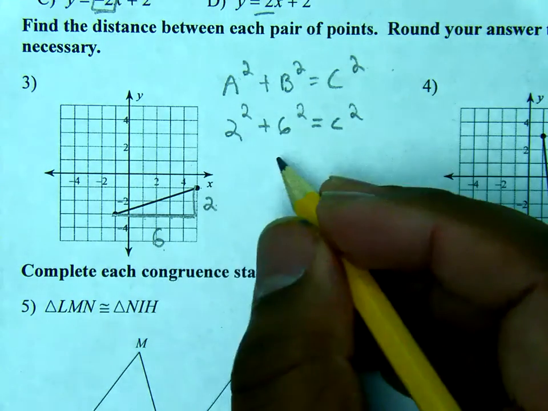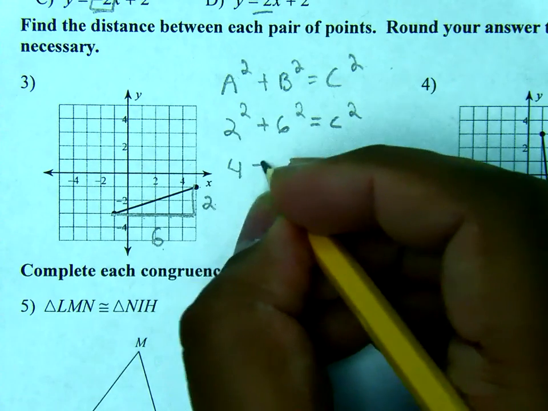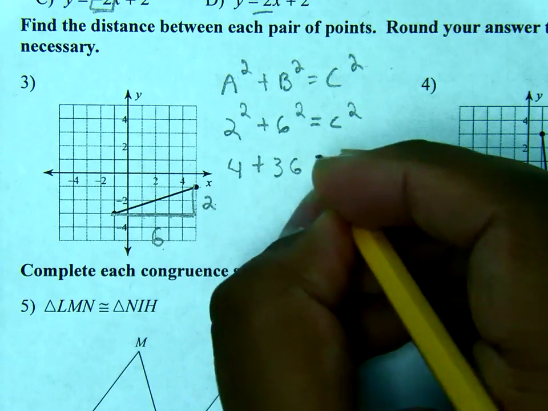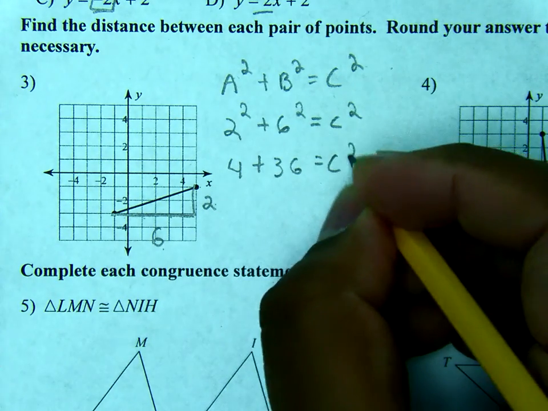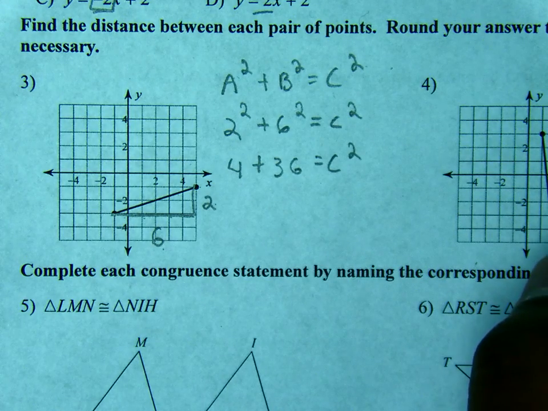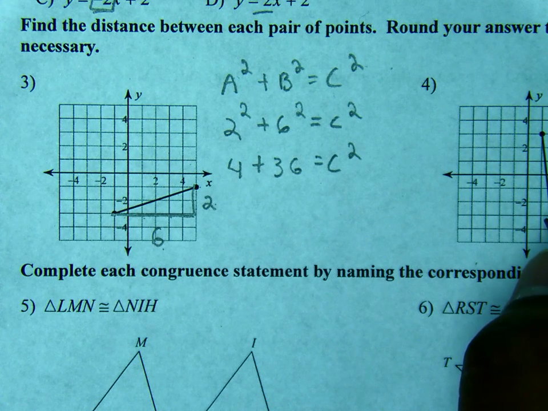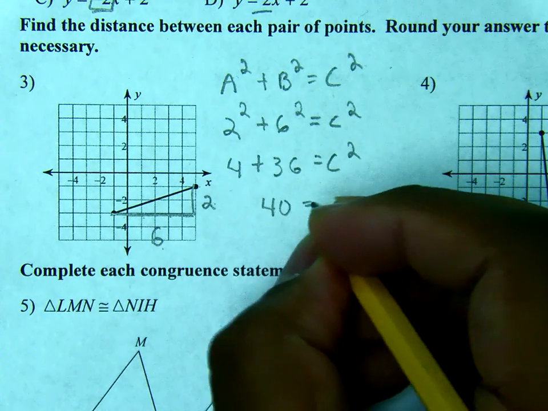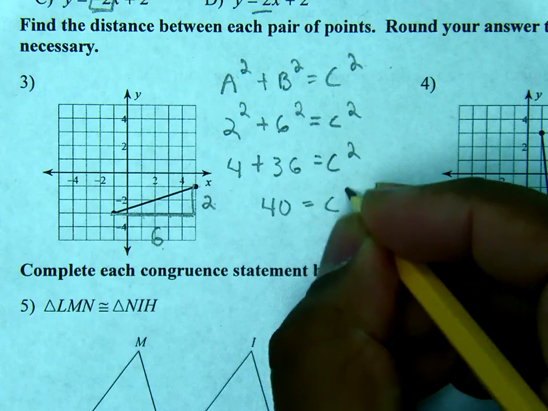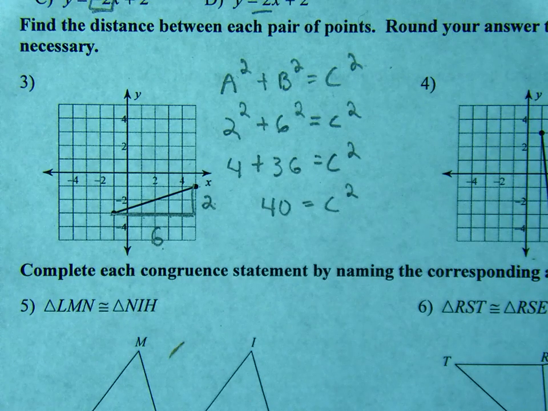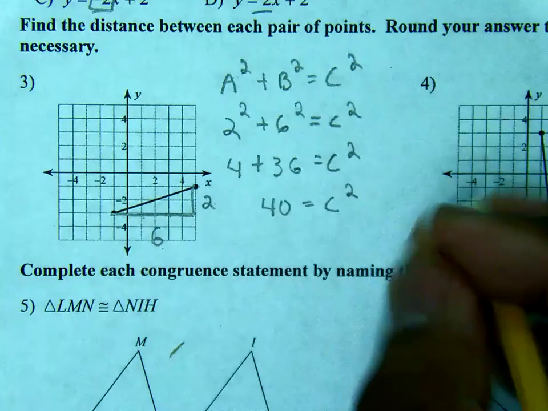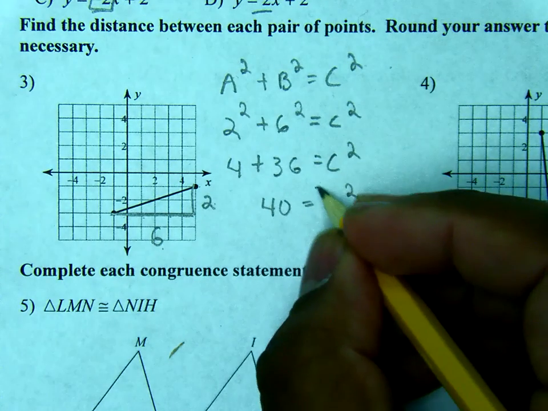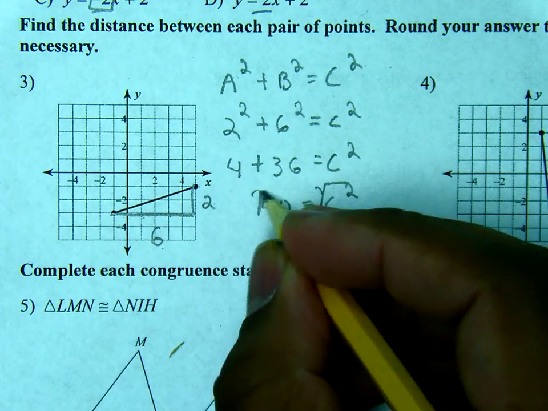I square both of these and get 4 plus 36 is equal to c squared. I add both of these, and now to get c, I have to do the opposite operation.